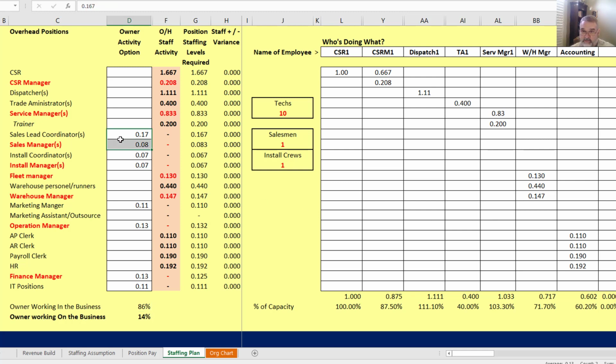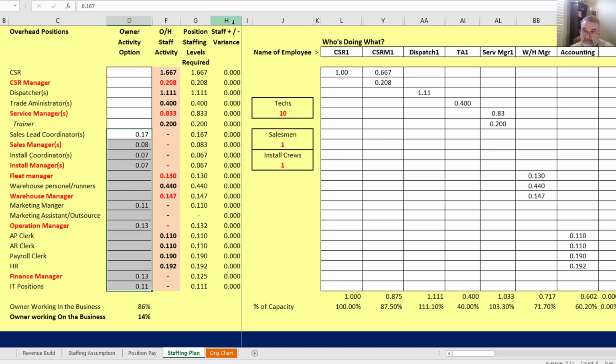He's basically, because he has one salesman, he's the sales manager. He's the install coordinator, because I only got 2 of them. And he's the install manager as well. He's also taking care of the marketing, he's the operations manager, he's the finance manager, and he handles the IT. So these are all the positions that he would have. He has that portion of it.